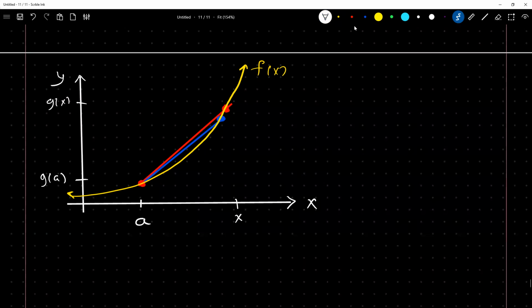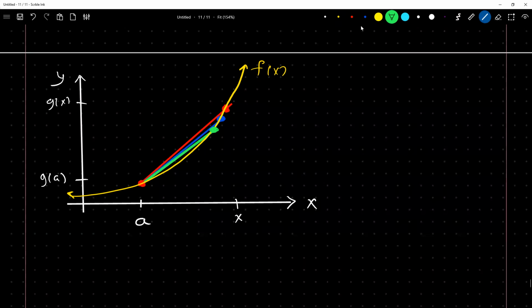Okay, and so what happens is we're going to move this closer and closer. So I'm going to move it here, and then draw a new line. And that's going to give me an even better approximation.